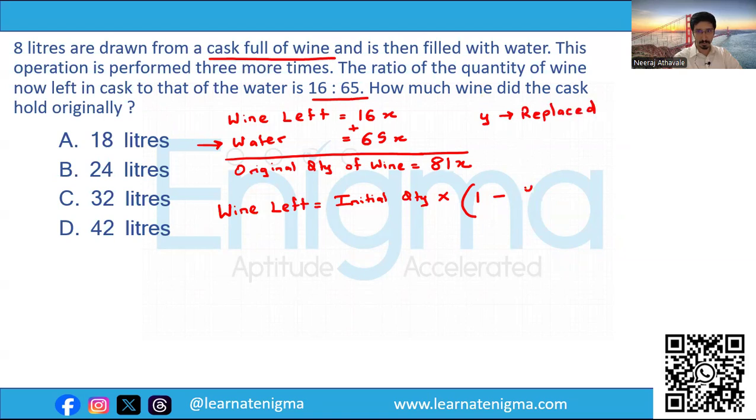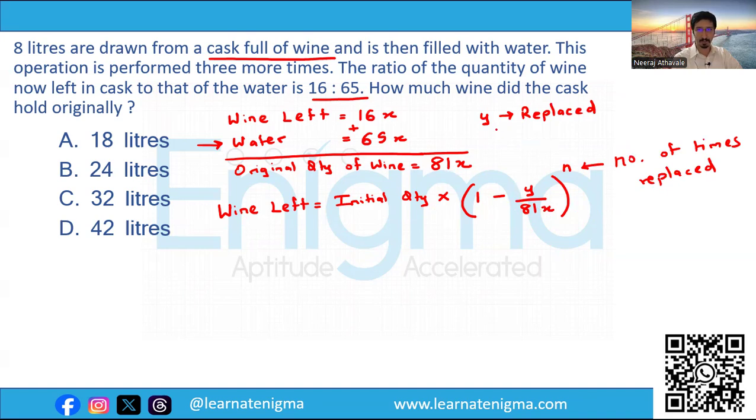So 1 minus y upon the original quantity, that is 81x, raised to n, where n is the number of times the liquid is replaced. So originally it is y upon 81x. That part is removed.